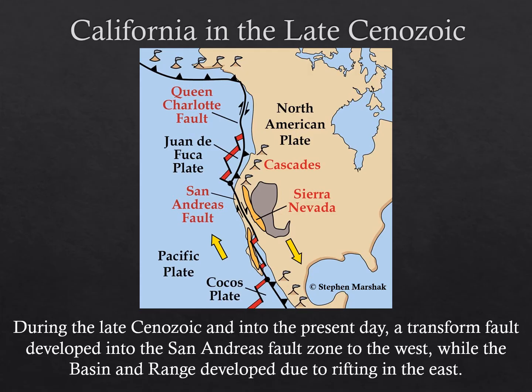So this illustration shows evidence of the San Andreas Fault, transform boundary. To the north, we've got some subduction going on, generating the Cascades in the Pacific Northwest. To the south, we have also subduction, but then we also have some divergence with Baja California.